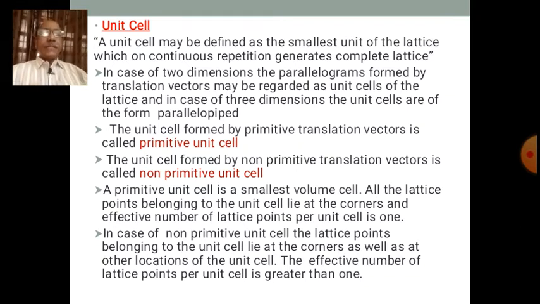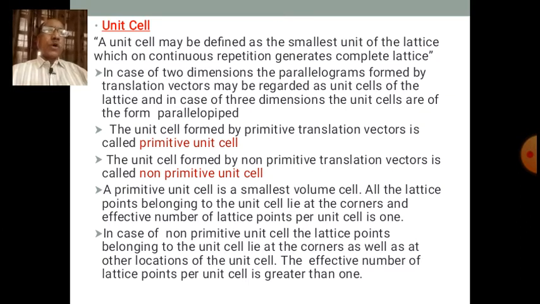All the lattice points belonging to the unit cell lie at the corners, and the effective number of lattice points per unit cell is 1. There are no other lattice points lying somewhere else other than the corners.